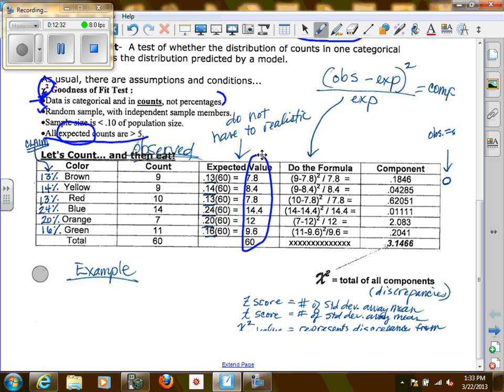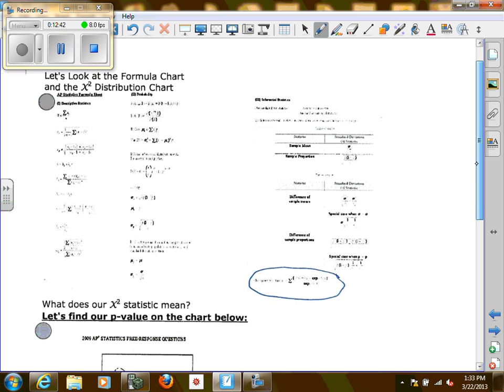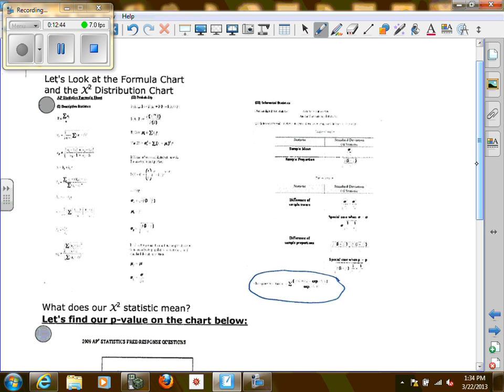Okay, so there's a formula for this, and it is found on your formula chart, which I have a bad copy of here. Maybe it's better in your notes, but this is the front of the formula chart. This is the back. Remember, in here are all the standard deviations.